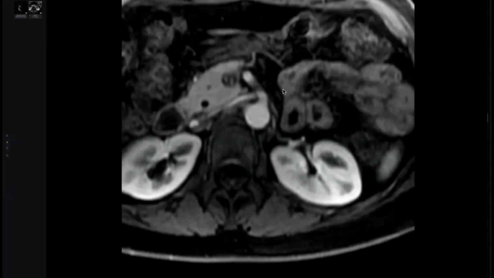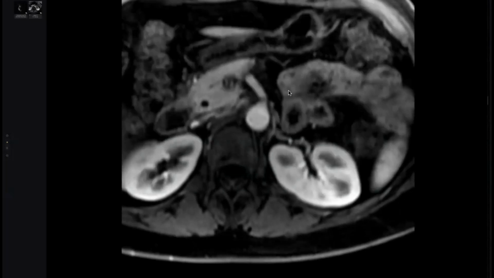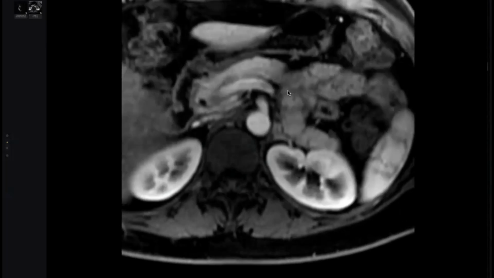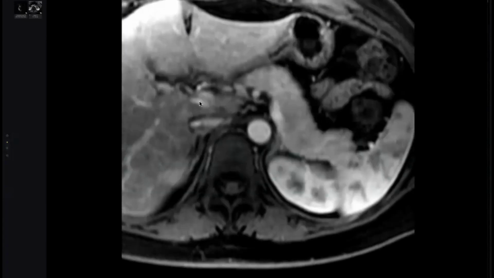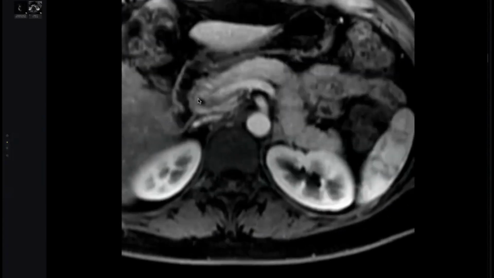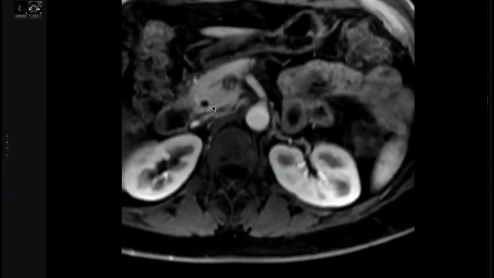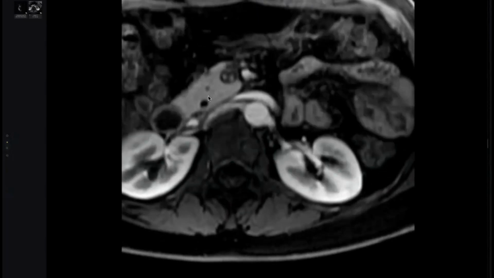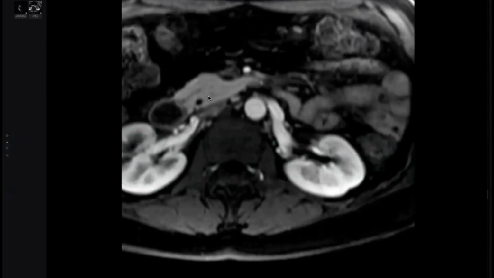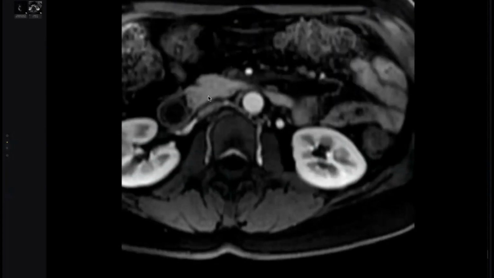The CBD is normal and it is entering into the pancreatic head at the normal position. The pancreatic duct is also separately visualized. Look again at the duct, please.